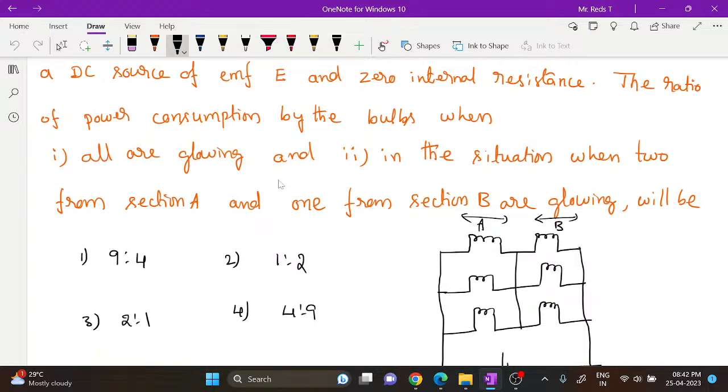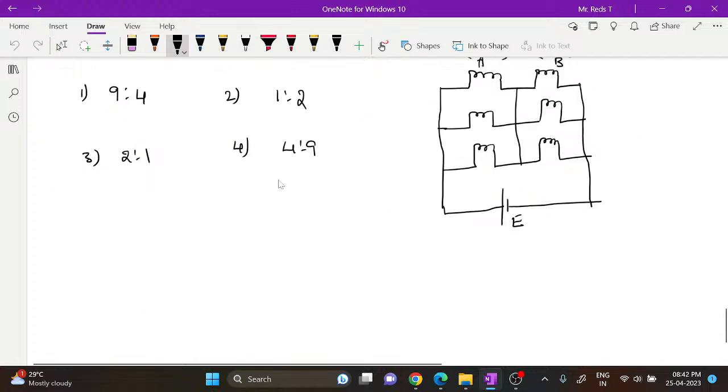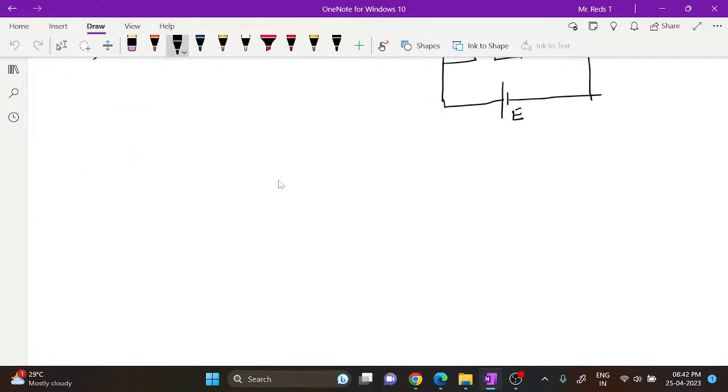How to treat this when all bulbs are glowing? Let me explain.